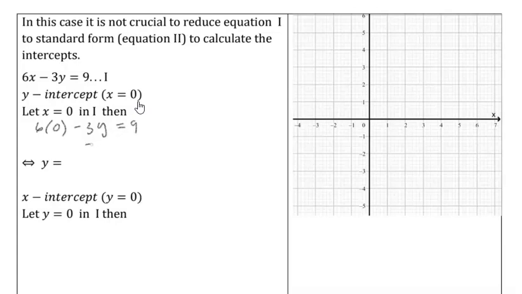So I'll get minus 3y equal to 9, so y will be minus 3. If I put y equal to 0 in that equation, I get 6x minus 3 times 0 is equal to 9. I get 6x equal to 9, so x is equal to 3 over 2.